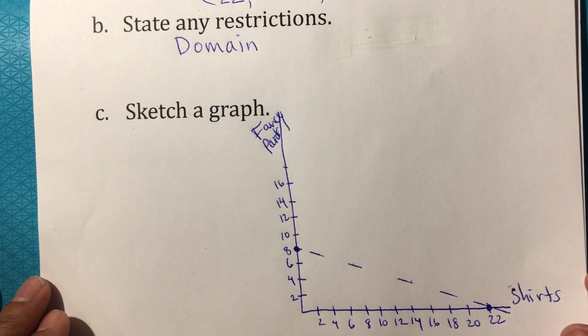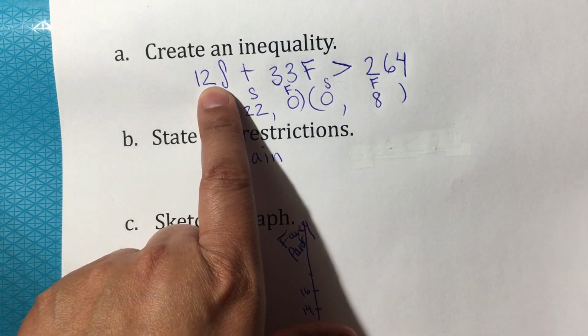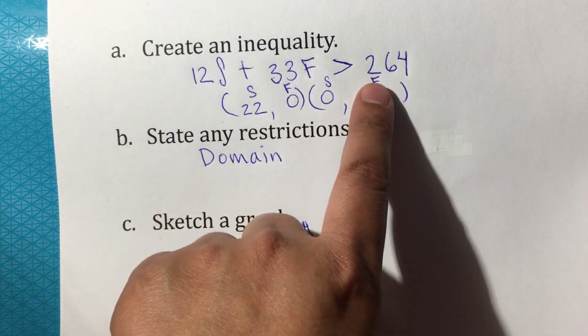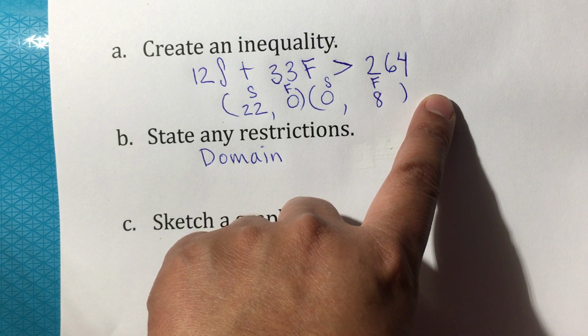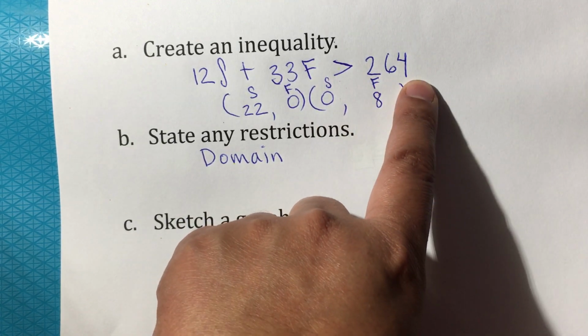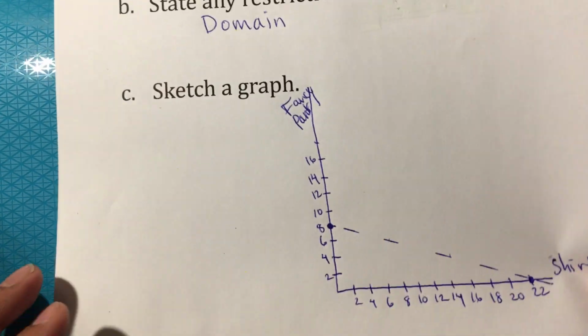And so it says that the shirts and the fancy pants together are greater than $264, because you have more than $264.